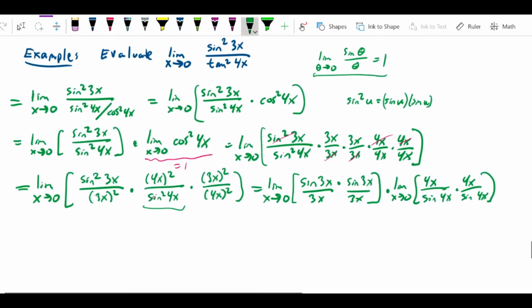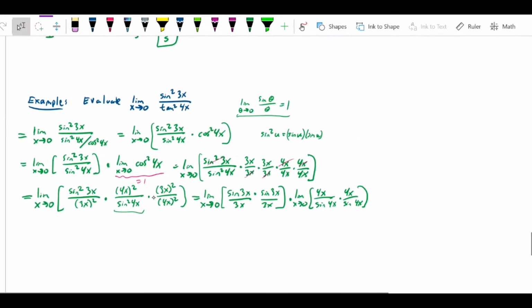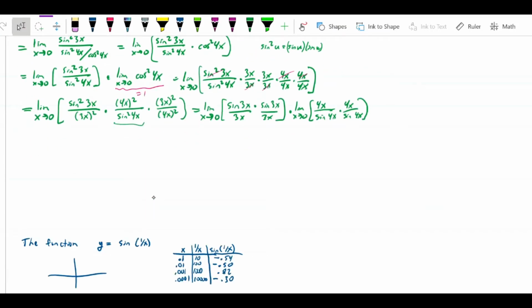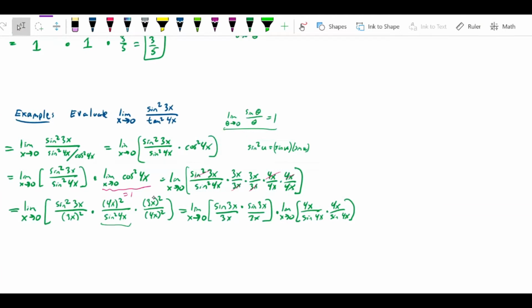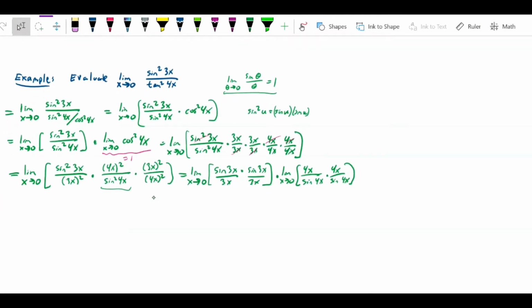We need to clear out the other factors rather. So this is going to be the limit as x approaches 0 of 3x squared over 4x squared. That takes care of this part.